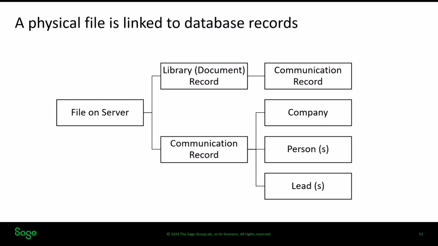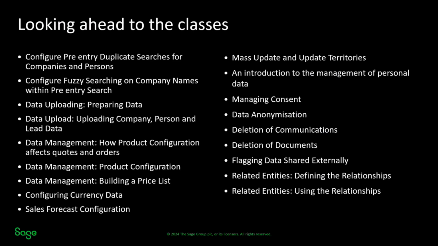So let's look then at where we're going next. As part of the responsibilities within GDPR, we have to think about the data flows through our system. So we really do need to be aware of where else data has come from and where data may go to.